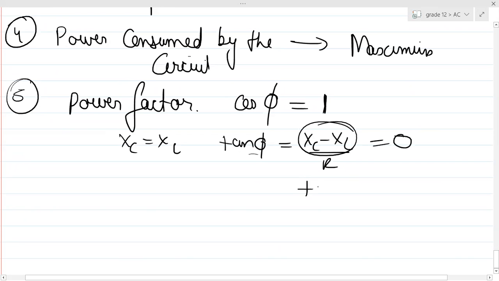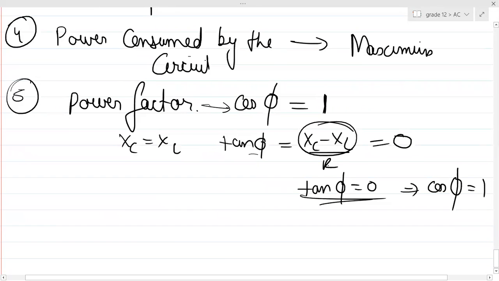If tan phi is 0, then can you tell me what will be the value of cos phi? It will be equal to 1, right? So from here we can say that the power factor at the resonant condition will be equal to 1, maximum power, right?